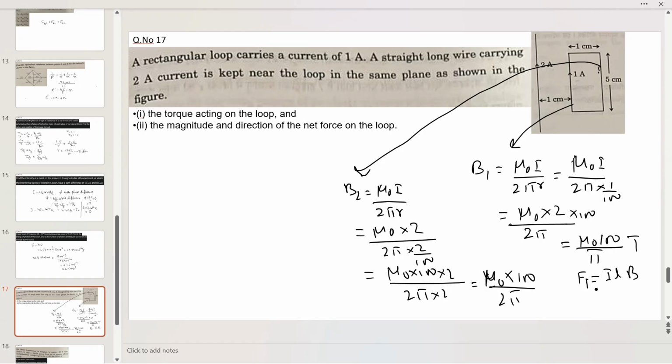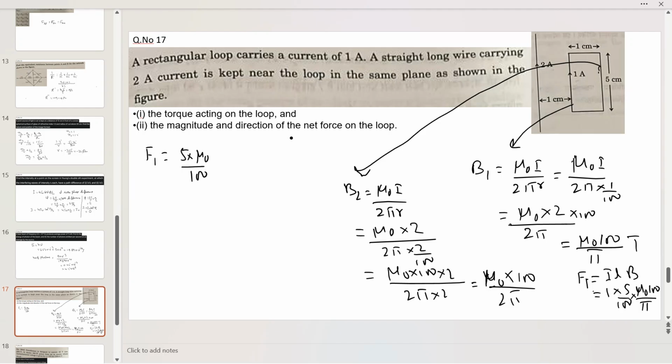Now if you place the values, the current is 1, the length is 5 centimeter, 5 by 100, and your magnetic field is 100 μ0 by pi. So the 100 cancels out, and the force F1 will be 5 μ0 by pi.